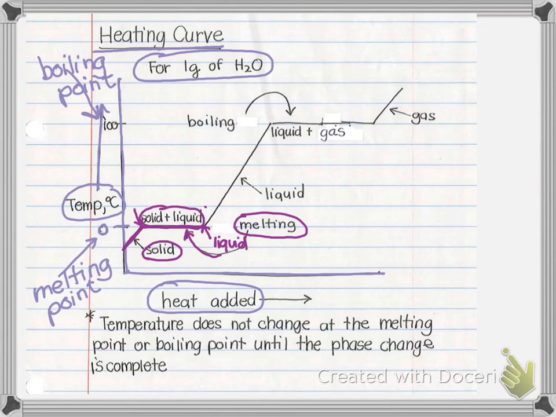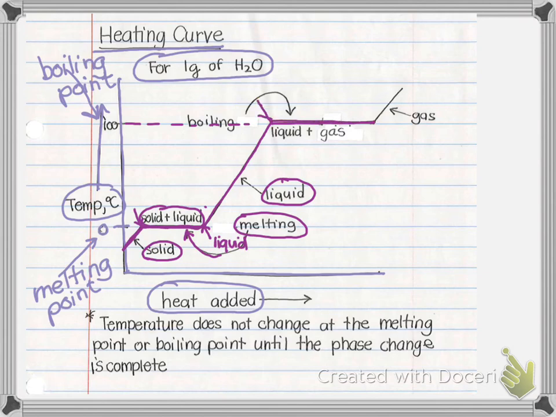Then once you completely change into a liquid, you see that the temperature goes up. And now you have a liquid that's just heating up. This is normally what we see when we're trying to boil water in lab, and we just watch the temperature go up and up and up. Once you get to this boiling point, right up here, you notice again that the curve plateaus. It becomes flat.